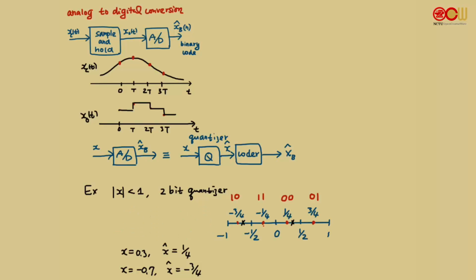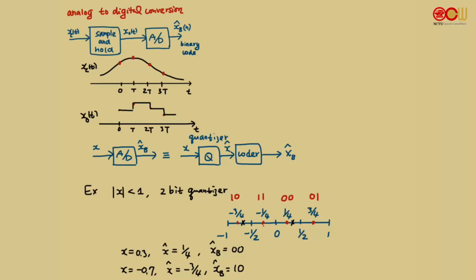It was too crowded, so I have redrawn it a little bit. Now, for this x hat equal to 1/4, it will be given the code 0, 0. And for x hat equal to minus 3/4, you will be given the code 1, 0.